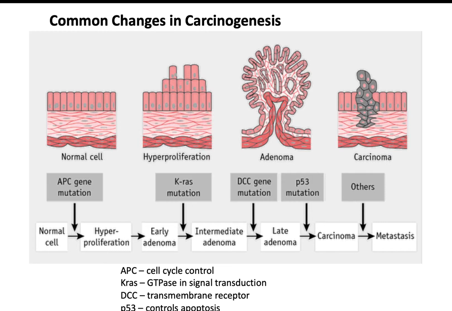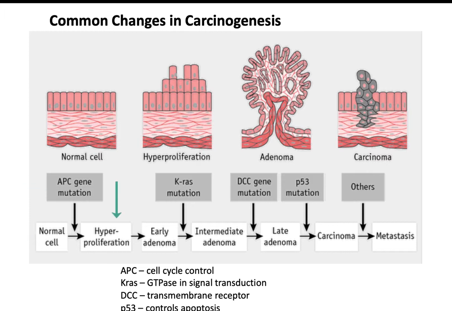All cancers involve mutations of specific genes, many different categories of genes. So in the case of common changes in carcinogenesis, for instance, in a colon cell, you have a normal cell and you get a mutation in what's called the APC gene, which is a gene for cell cycle control.